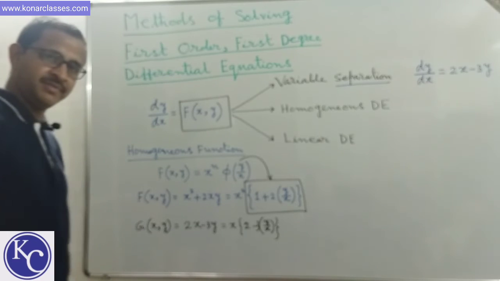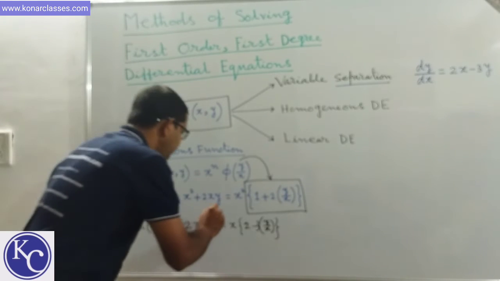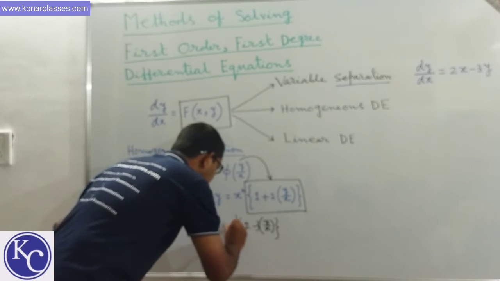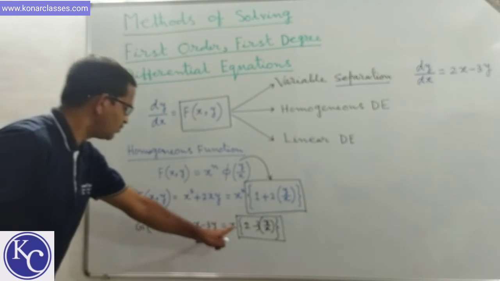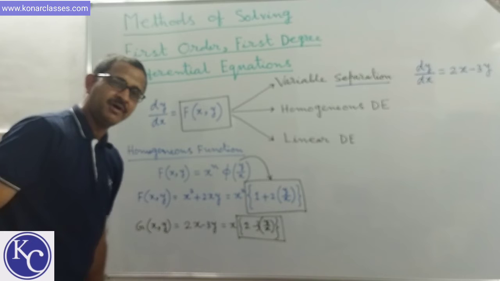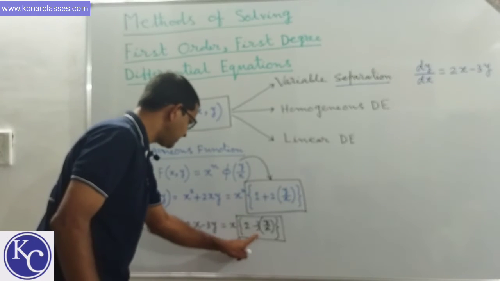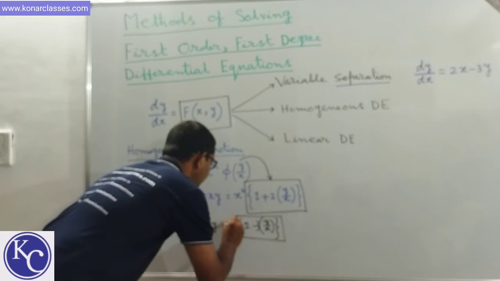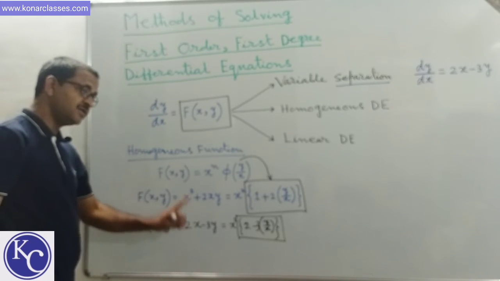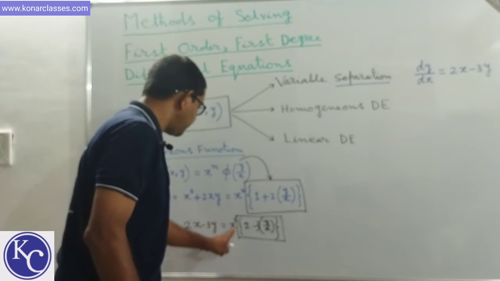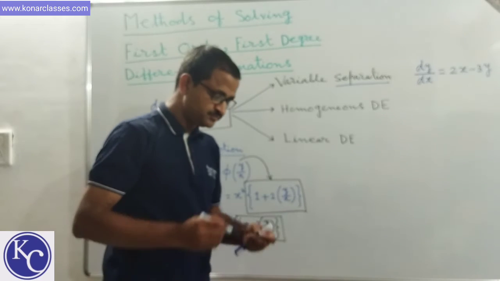Correct? Clear? As you see, 2 minus 3 into y by x is a function of y by x, and here x to the power 1 we can write. So we can say it is a homogeneous function of degree 1 in x and y.